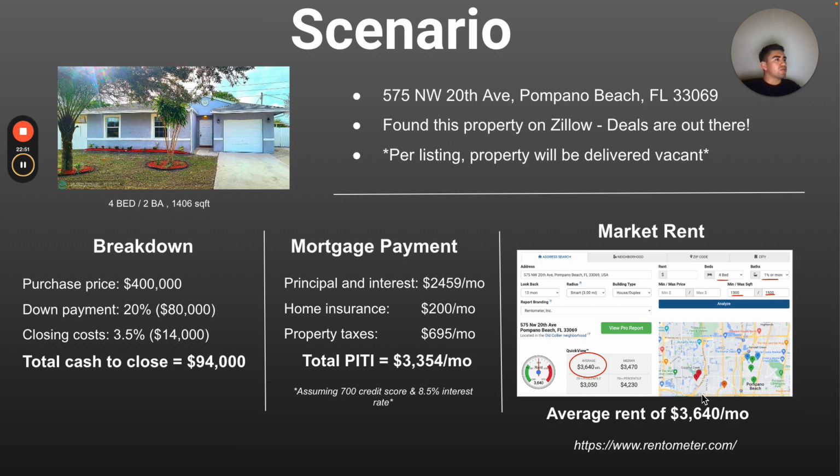So if we do the math, $36.40 a month in rent divided by $33.54 per month in your mortgage payment, that brings us to a DSCR ratio of 1.08. So congratulations, this property would work. This would be a viable option. You can buy this property going 20% down with a DSCR loan, okay?